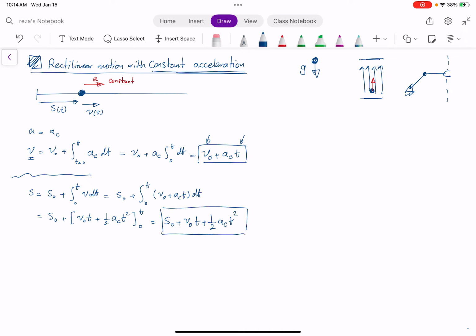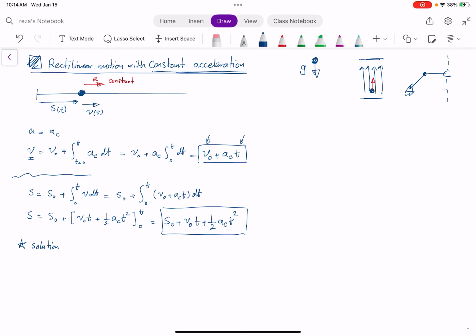Similar to before, if you know the time, the constant acceleration, the initial velocity, and where you were at the beginning, you can figure out where you are at some later time. So these are the constant acceleration results. Let me write it this way.